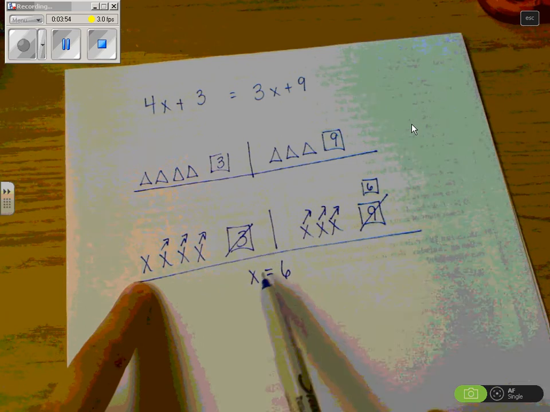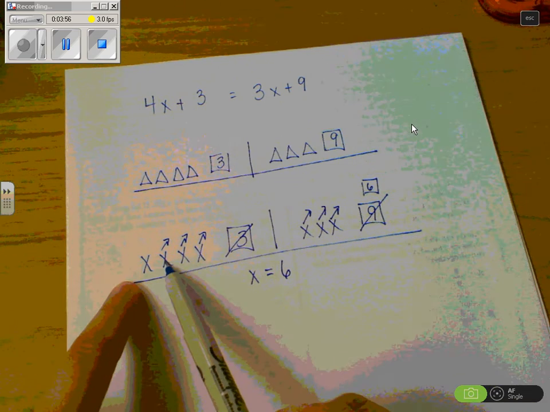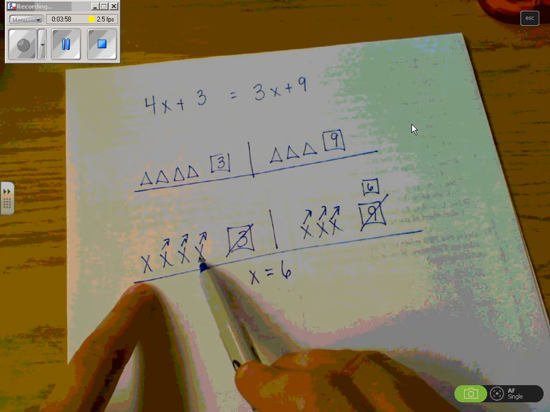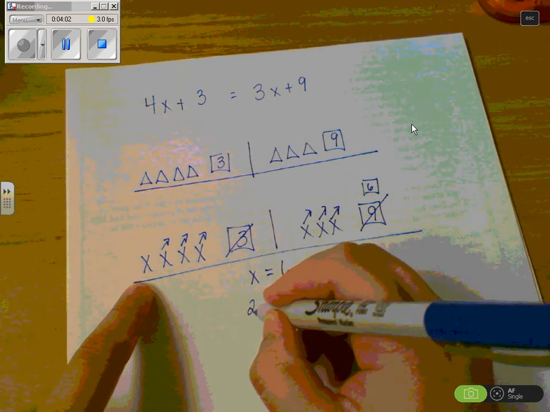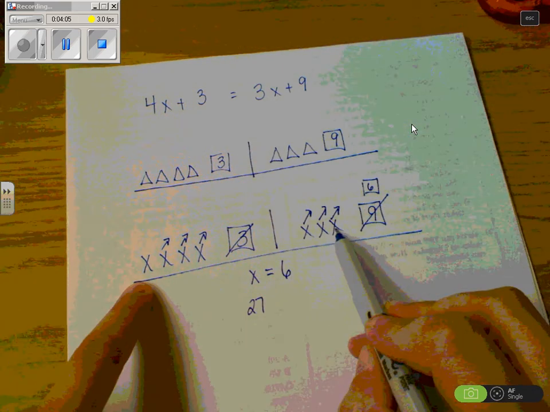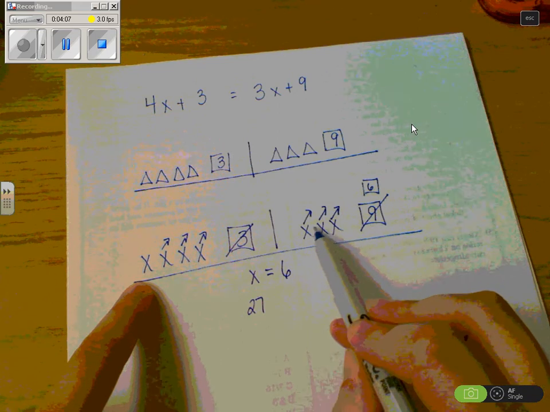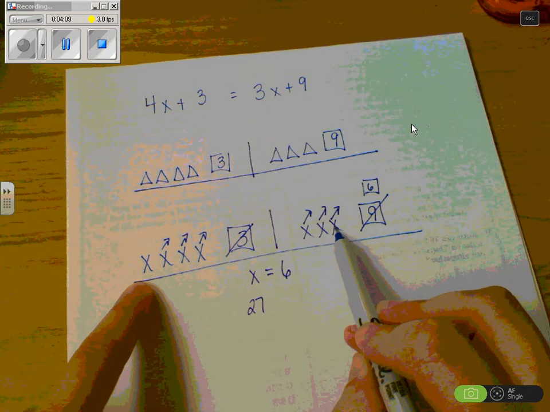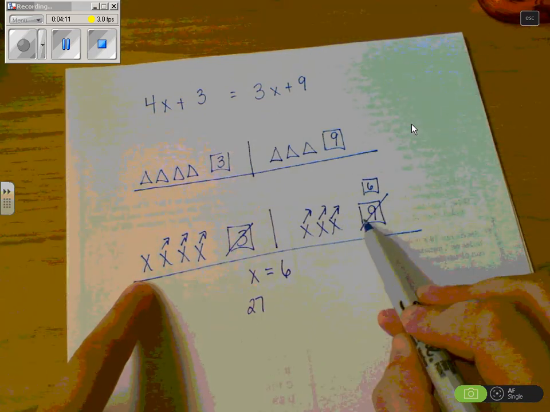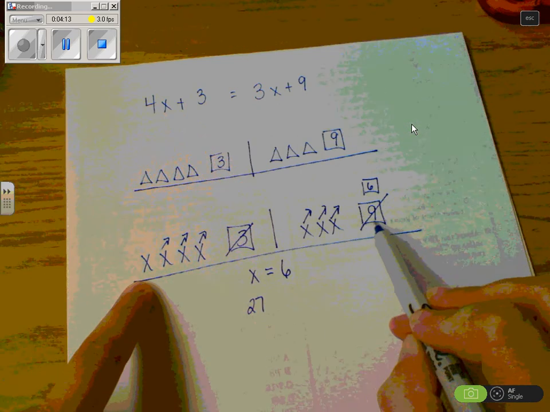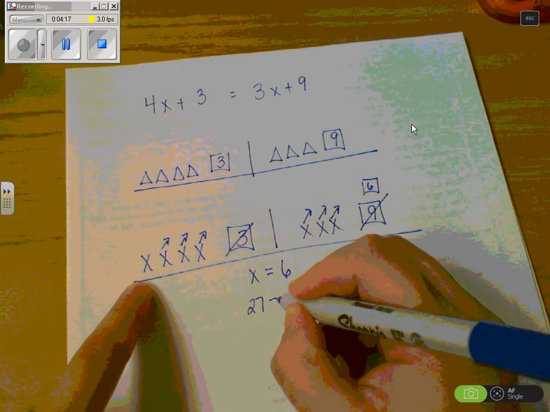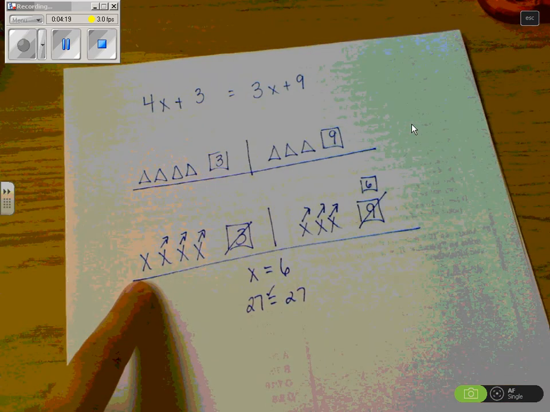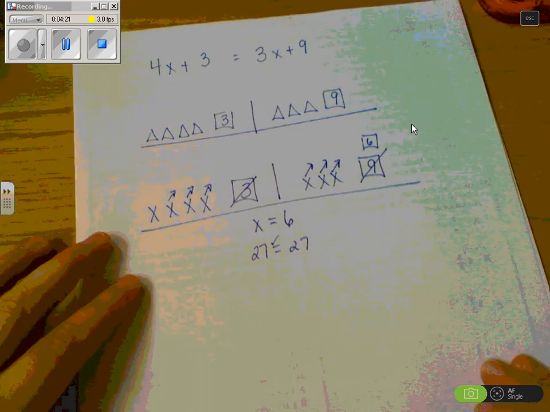And I can say, well, if x equals 6, there's 4 x's, 4 times 6 is 24, plus 3 is 27. And then I have 3 x's here. So 3 times 6 is 18, plus the original number cube 9. 18 plus 9 is 27. And yes, that checks.